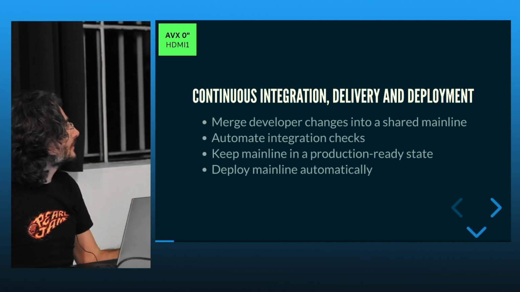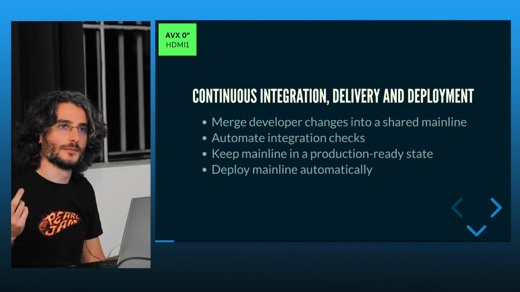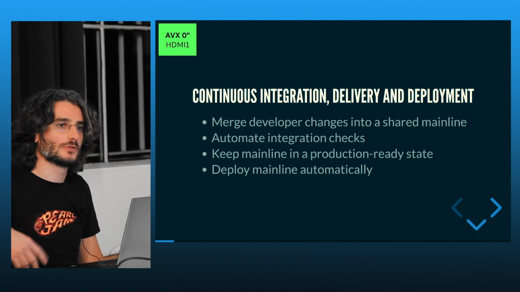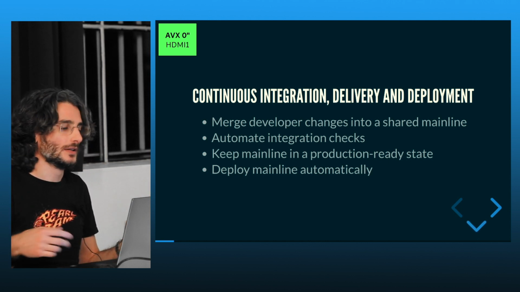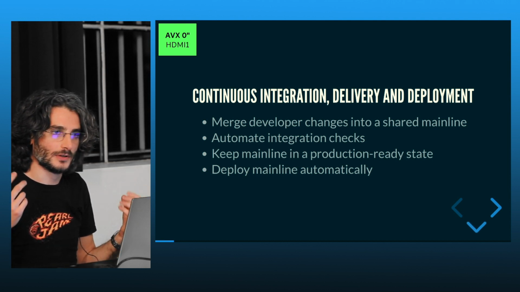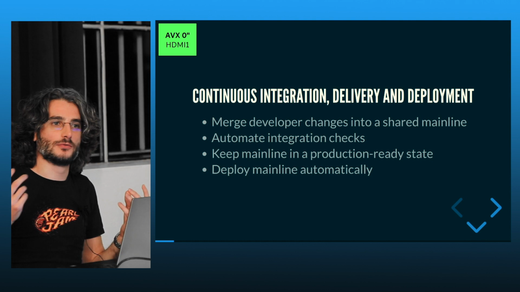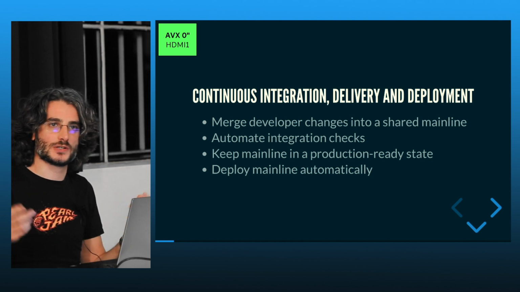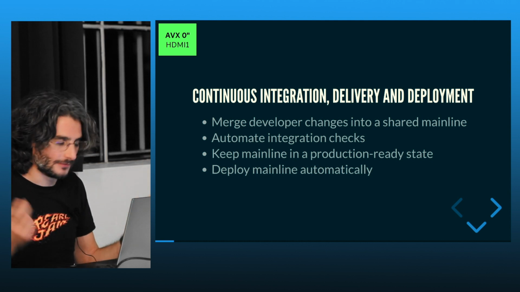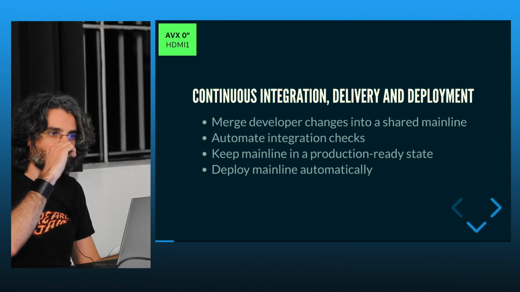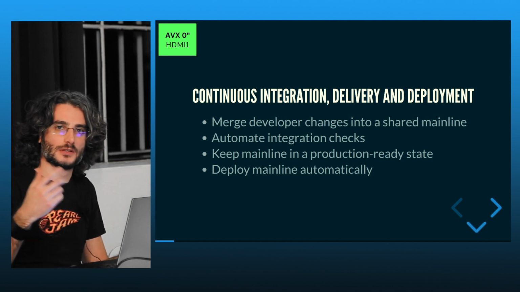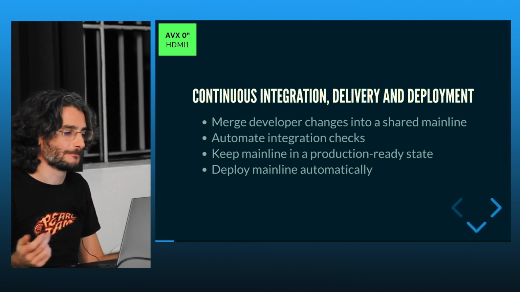And the first of these practices is the ability to merge developer changes continuously on a main line. That means that instead of having difficulties during integration of many changes of many different developers, we aim to merge these changes very often, multiple times each day.